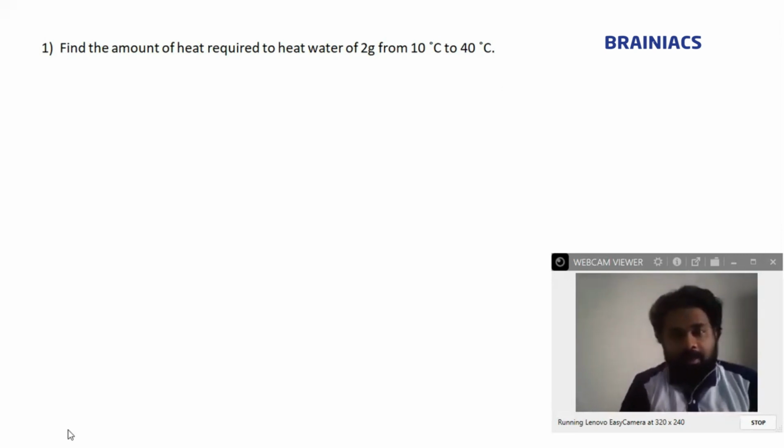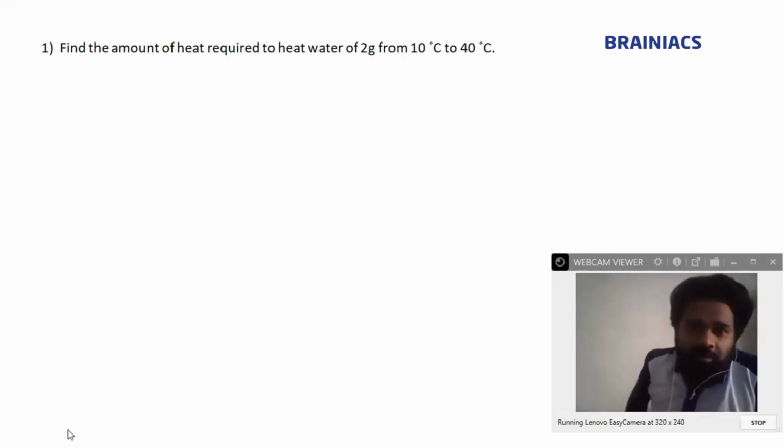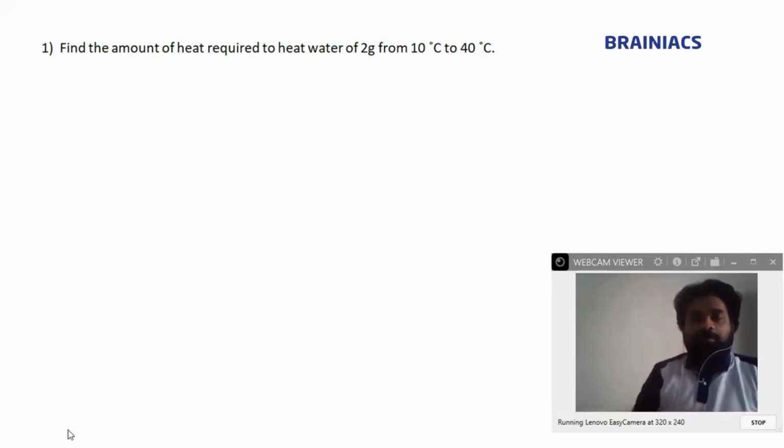We will be doing all these questions in calorie unit, not in SI unit. If we use SI unit, we will have to take the specific heat capacity in joules, so that will involve some calculations. So my suggestion is to do these questions in terms of calorie. Then, if necessary, finally we can convert that into joule.